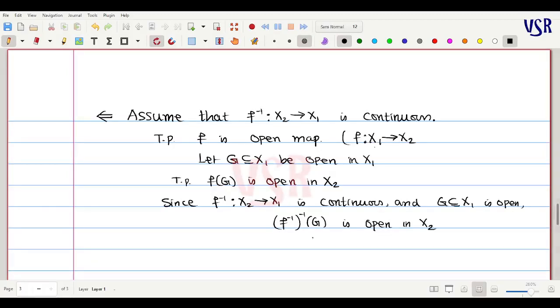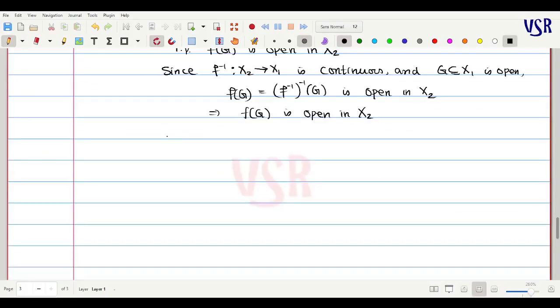This is equal to f of G. So this implies that f of G is open in X2. Hence the result. So this implies that f is an open map if and only if f inverse, as a function from X2 to X1, is continuous.